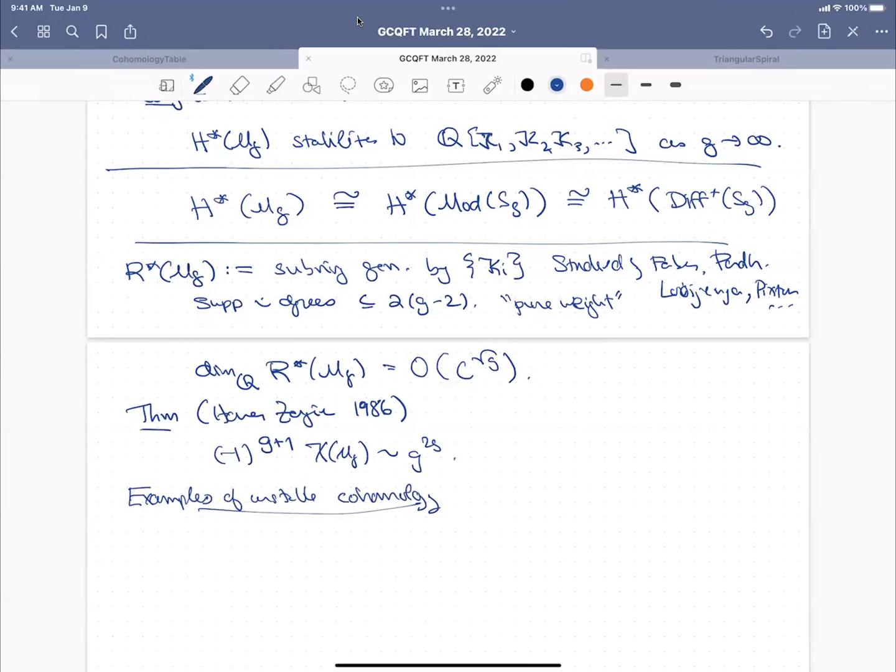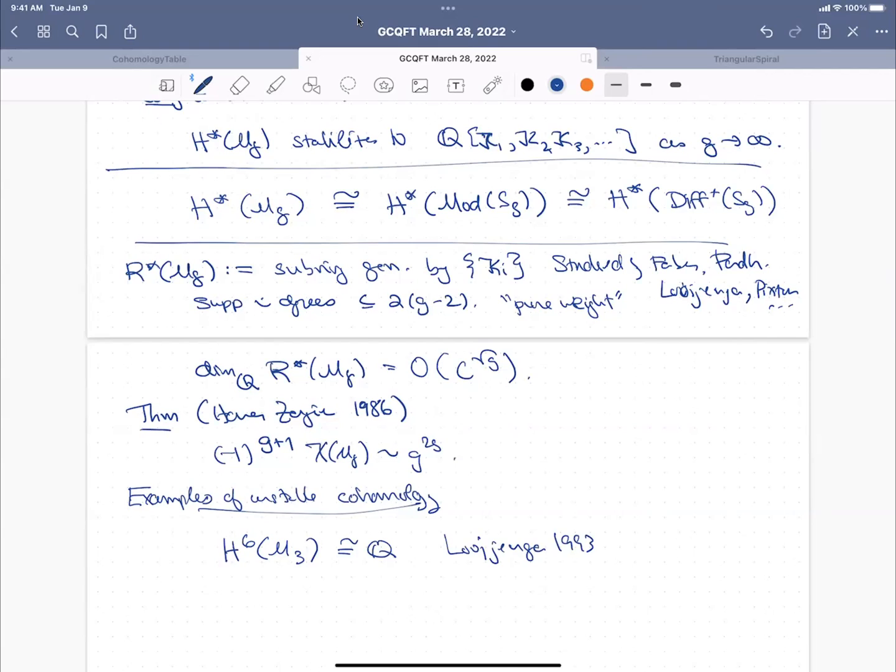The first example came a few years later. H^6 of M3 is Q. This was a computation of Looijenga in 1993. The way progress had been going was by completely computing the cohomology ring of MG for some g.